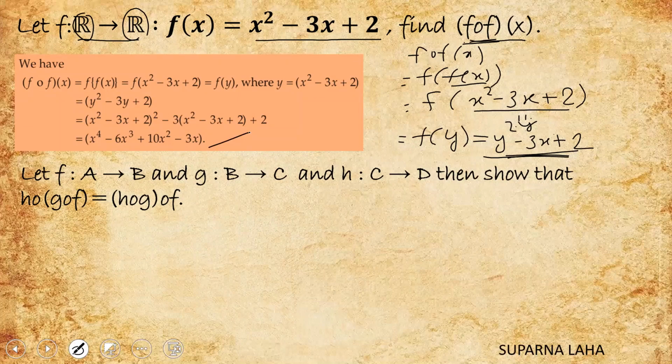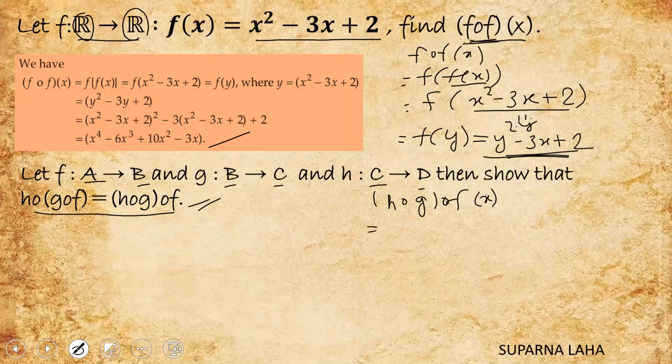Next, three functions are given, from A to B, B to C and C to D. Then you need to show that this equation holds, that it is the associative property. Now we need to check whether h of g of f of x, and this, h of g of f, are the same or not.